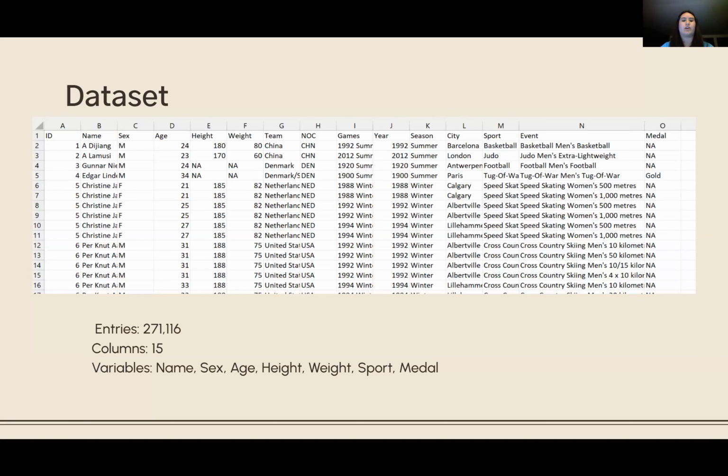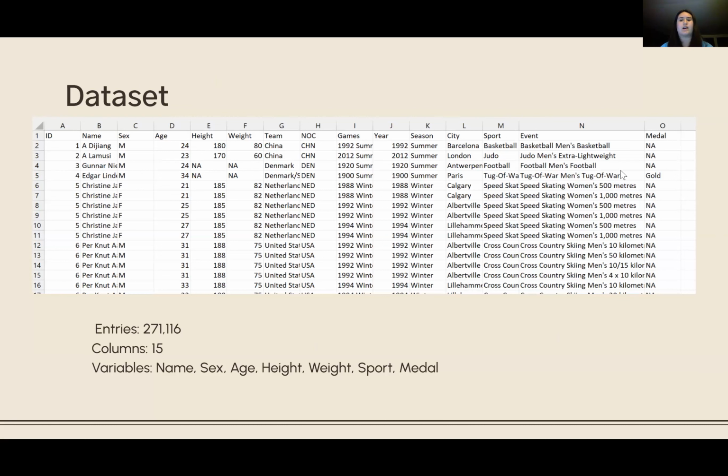So as you can see, there are 15 columns. Each one was the name, the sex, the age of the athletes, their height in centimeters, their weight in kilograms, the team that they played on, the nation that they played for, what year they played, the season, the city, the sport, and the event that they were competing in.